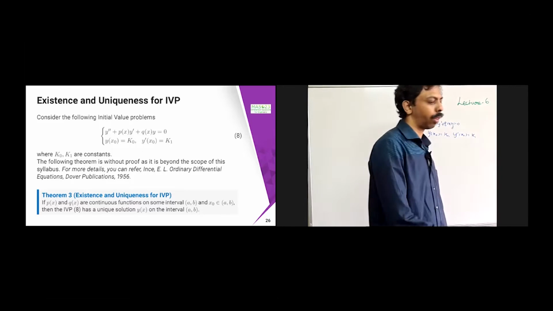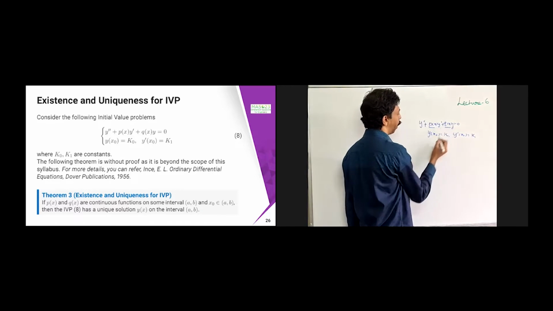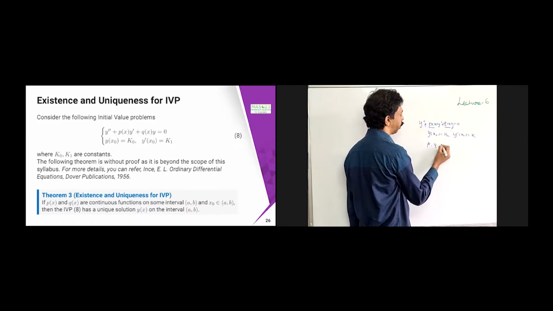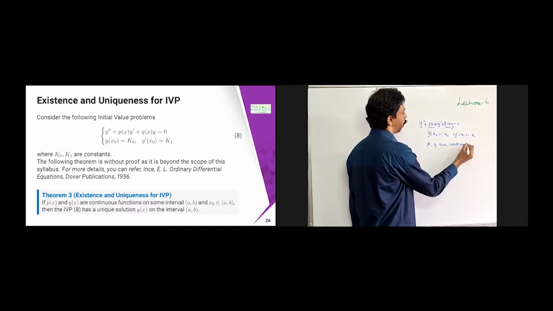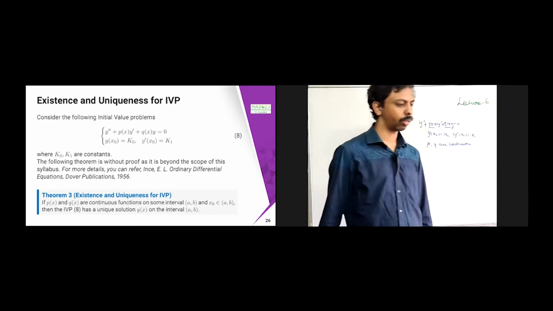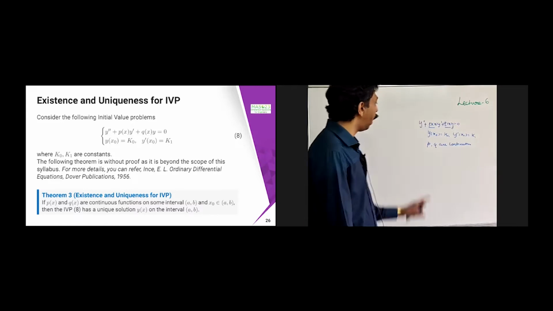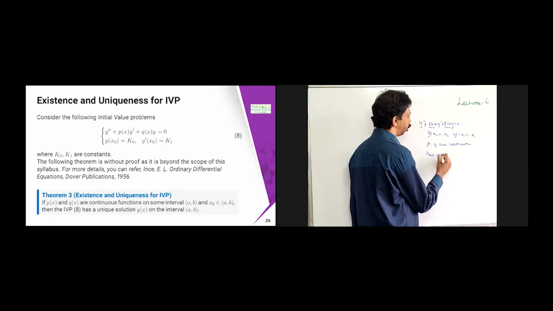The following theorem says that if p of x and q of x are continuous on some interval a b, and x naught belongs to a comma b, then this IVP has a unique solution.